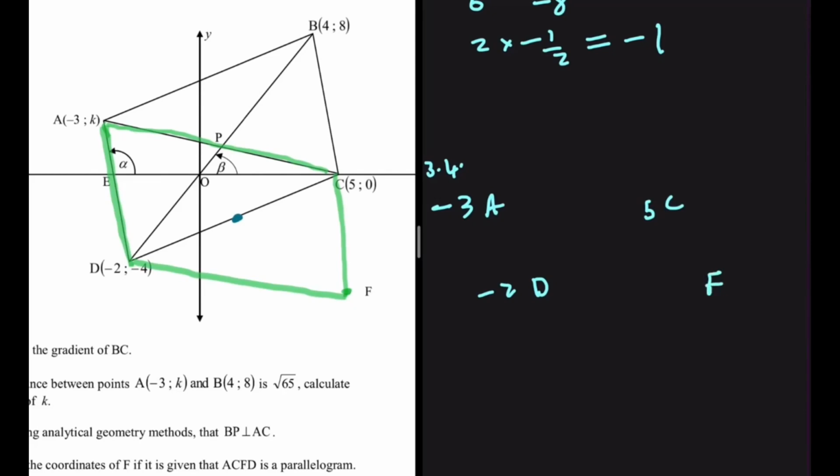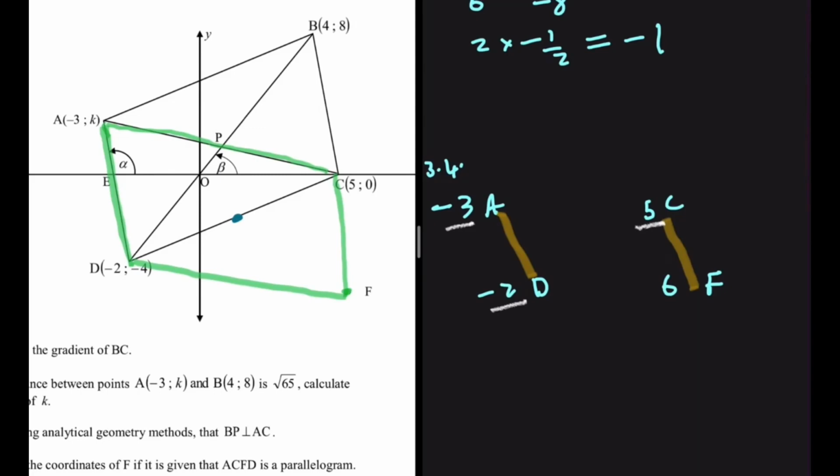The way the x values of A and D differ is the same way the x values of C and F are gonna differ if ACDF is a parallelogram. Here we have -3 and -2. You can see that from A to D is +1. Here we have 5. So for the x value of F, we must have 5 plus 1, which is 6.